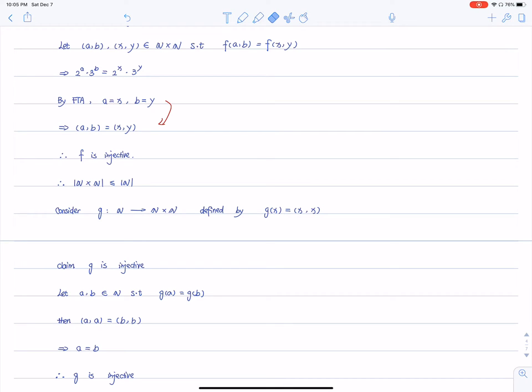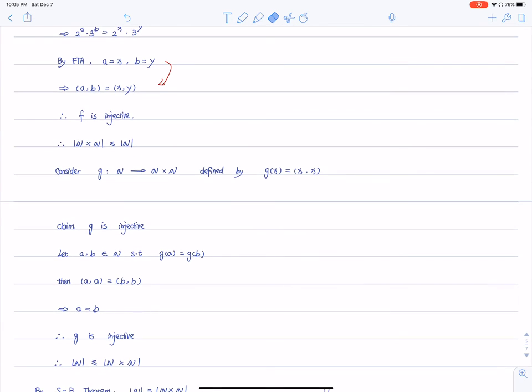The other way is simple enough. We can just consider a function g mapping from natural to natural times natural, defined by g of x equals (x,x), or it could be like (x,1), just fix one, and then it's the same thing. Okay, this function is obviously injective.